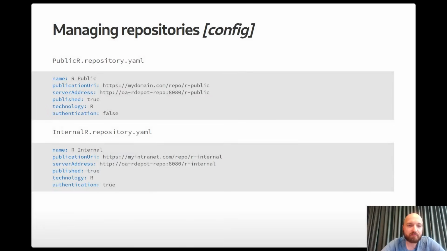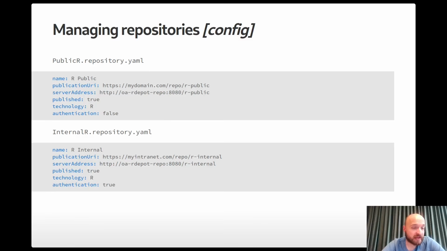Let's continue. As I mentioned at the start, repositories can be managed declaratively using just configuration. So this is done using YAML files, and here you can see two example YAML files.